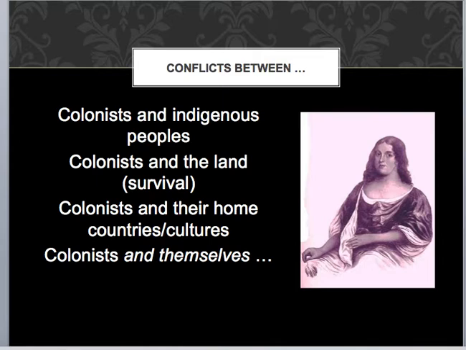And also conflicts between the colonists and themselves, their own interpretations of things. You get a bunch of people that want to go to a new place to experiment and live life in a new way.